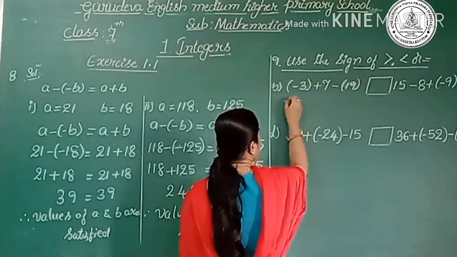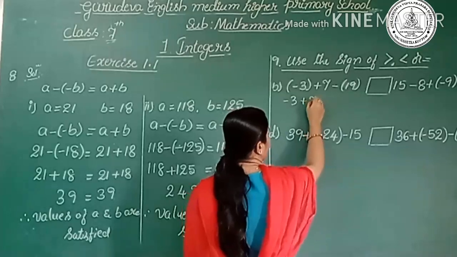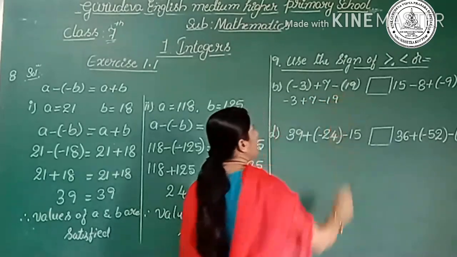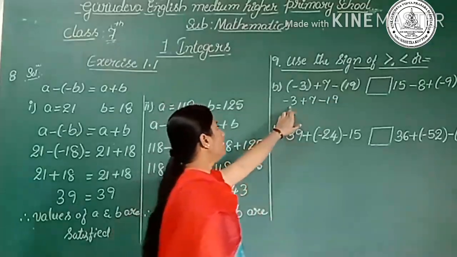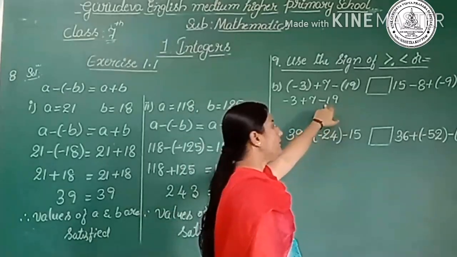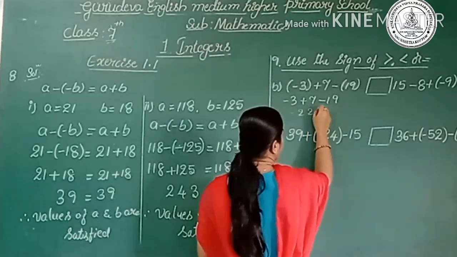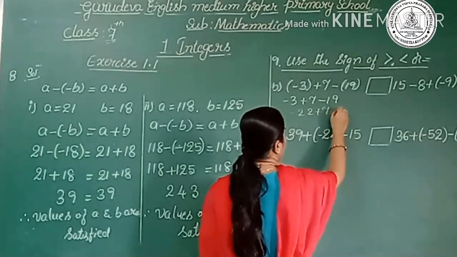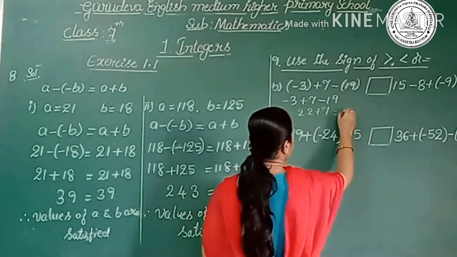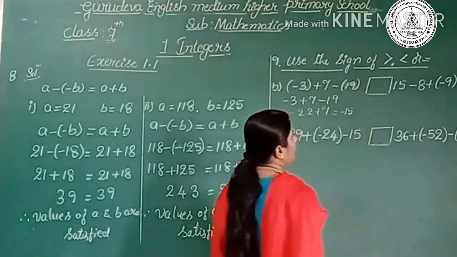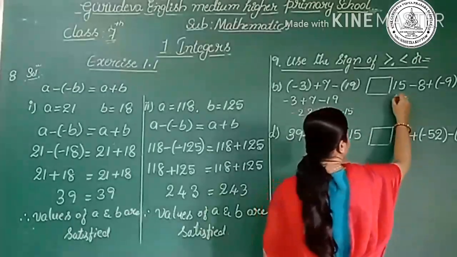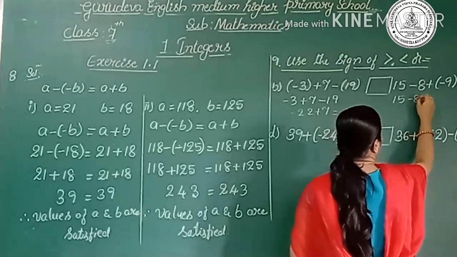I have taken minus 3 plus 7 minus 19. So you may see here, minus 3 minus 19 is equal to minus 22. Minus 22 plus 7 is equal to how much? Minus 15. Right. Now here you may check minus 15 minus 8 minus 9.